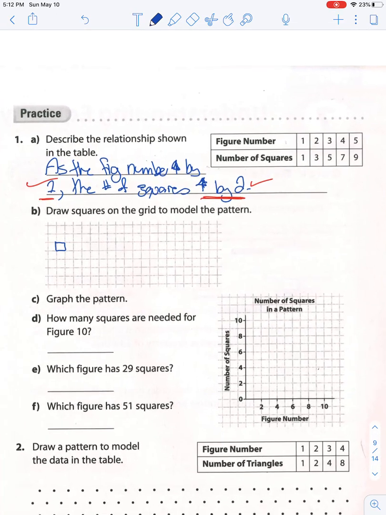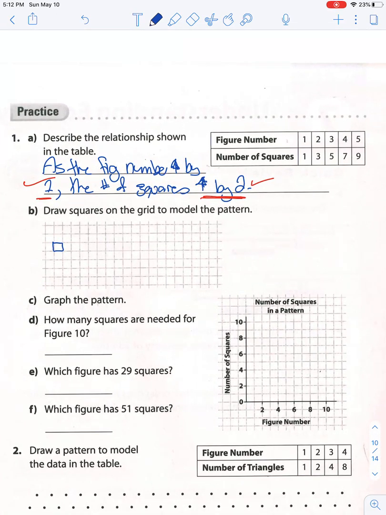Okay, next part is draw the squares on the grid to model the pattern. So we did this one a little bit earlier. So there would be 1, and this is figure 1. Then figure 2 has 3 squares. Figure 3 has 5 squares. 1, 2, 3, yep.